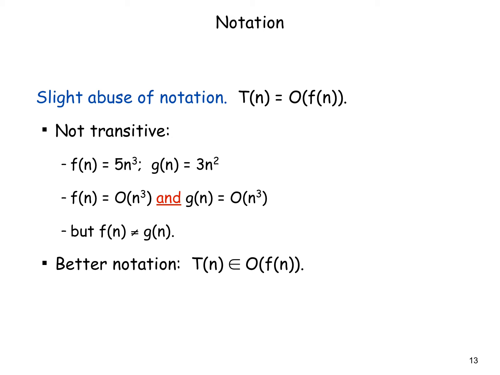So if we have two functions, f of n, which is 5n cubed, and g of n, which is 3n squared, then f of n is big O of n cubed, but g of n is also big O of n cubed, but f of n is not equal to g of n. So we're playing a little fast and loose with the notation here. It would be better if we would say that t of n is an element of big O of f of n, but nobody ever says that.